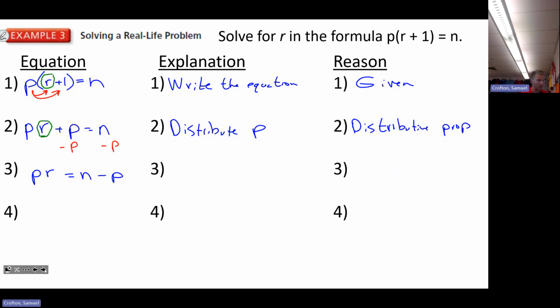I subtracted P on both sides, which allowed me to minimize what I have on the left. And again, that's the subtraction property of equality.